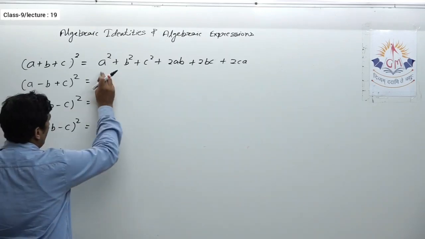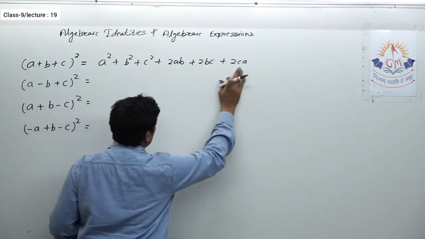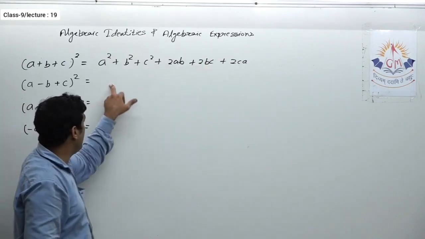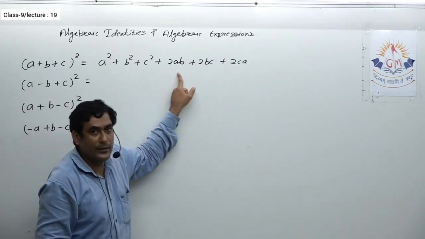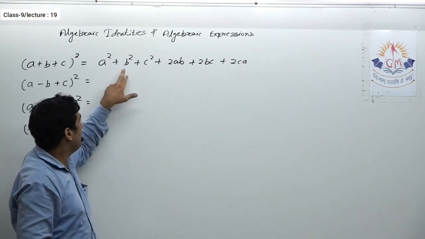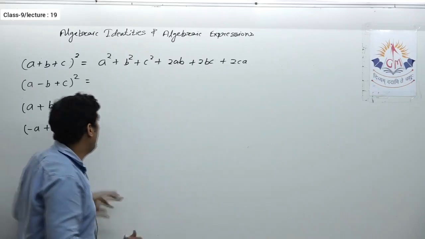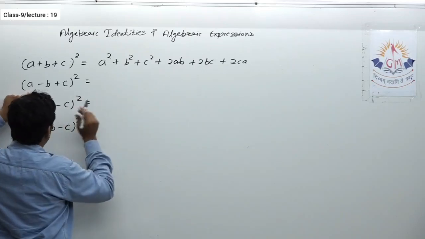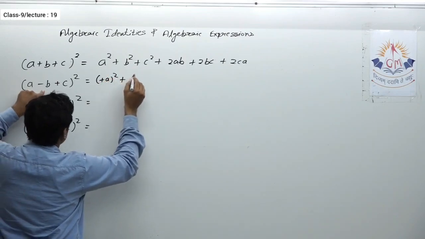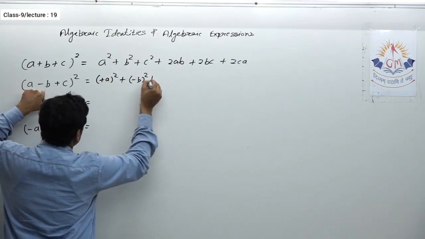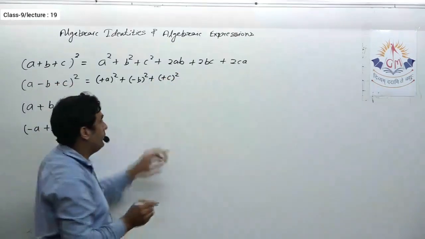See here we have a square plus b square plus c square plus 2 into a into b, 2bc, 2ca. Now suppose I have to write the identity of this. The only thing I have to do is apply the same identity. The only difference is that wherever I have to take a, b, c, I will take it with its sign. For example, here a square, so a is positive, so I write plus a square, then minus b square, then plus c square, whatever its sign, I write with that only.